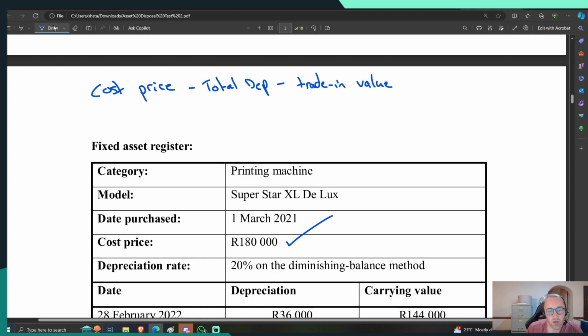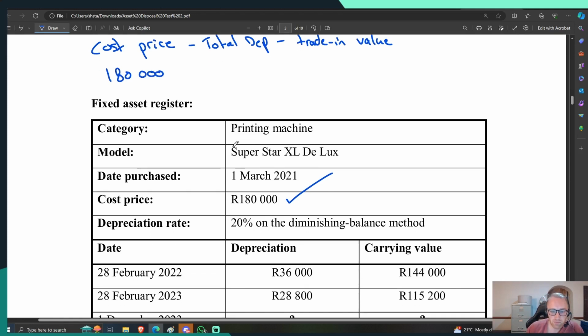So, the cost price was 180,000 Rand. The total depreciation was, from the first year that we depreciated it, 36,000. So we're going to minus that first year's depreciation.